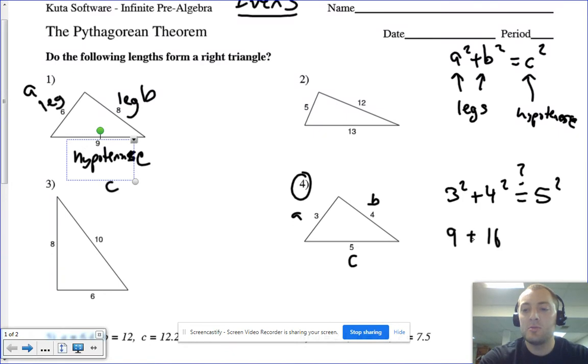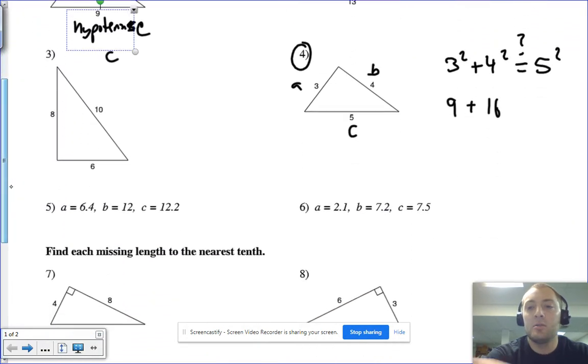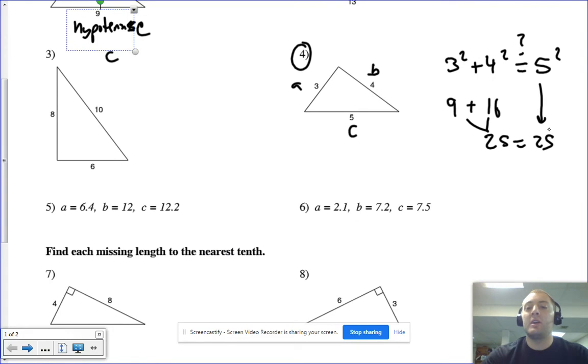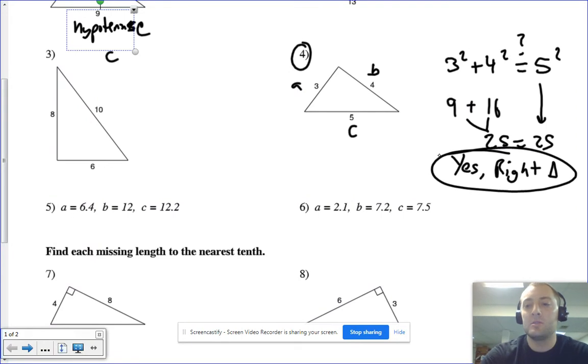If I add those two together, you get 25. And is that equal to 5 squared? Why, yes, it is. 5 squared is 25. So if they are equal, that means a squared plus b squared equals c squared, and it is a right triangle. All right, and we answered the question. It is a right triangle.